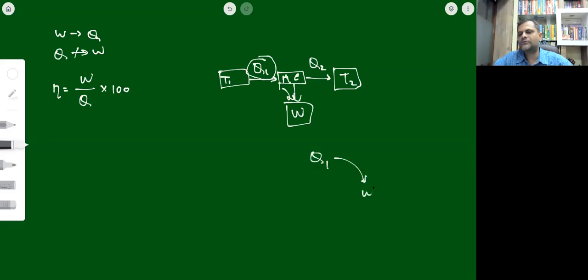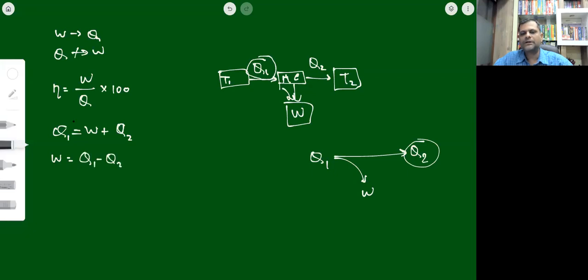One part goes to the work done and the remaining part becomes Q2, and that is going to be the entropy here. This Q2 is the unusable form of energy here. And that's why we can write the equation, Q1 is equal to W plus Q2. Okay, and hence we can call this W equal to Q1 minus Q2.